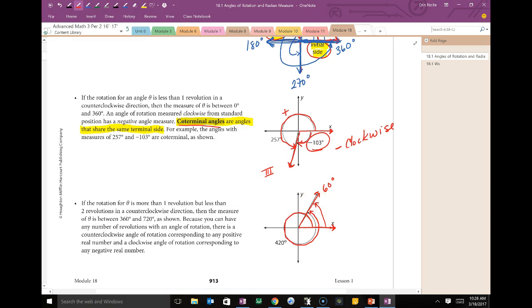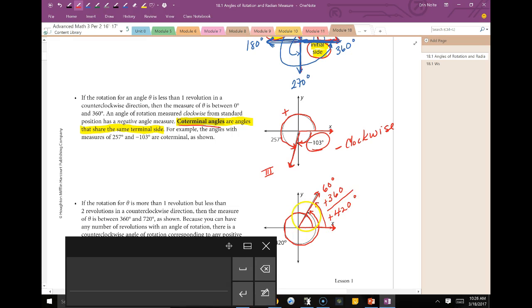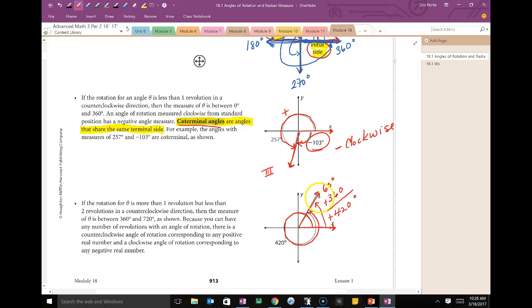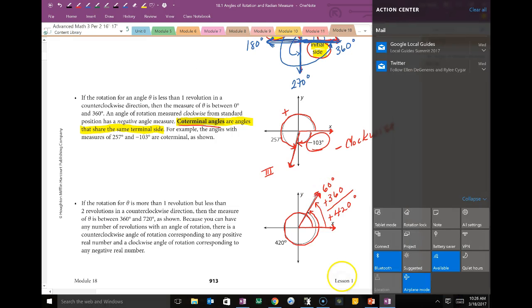So it's doing more than 360. It's doing 360 plus the 60. Okay, so that's how we end up getting 420. That is also a coterminal angle because it lands in the same place. My terminal arrow still lands in the exact same spot.